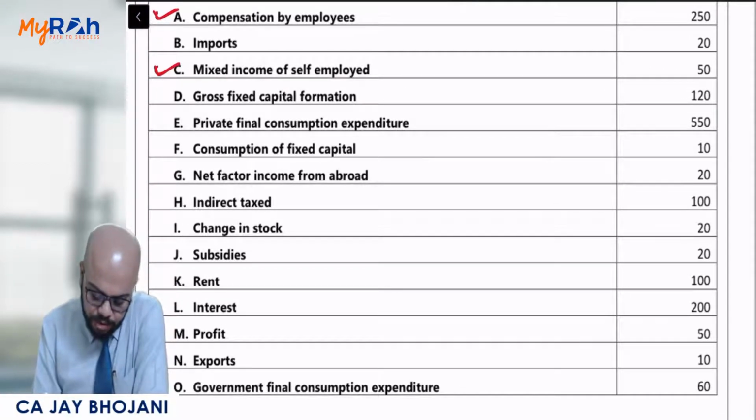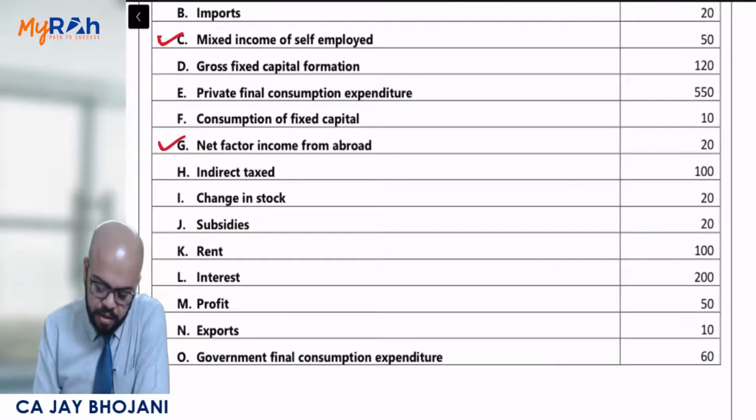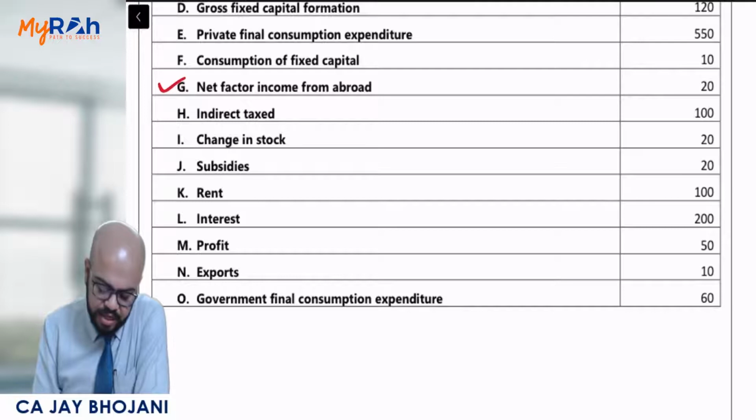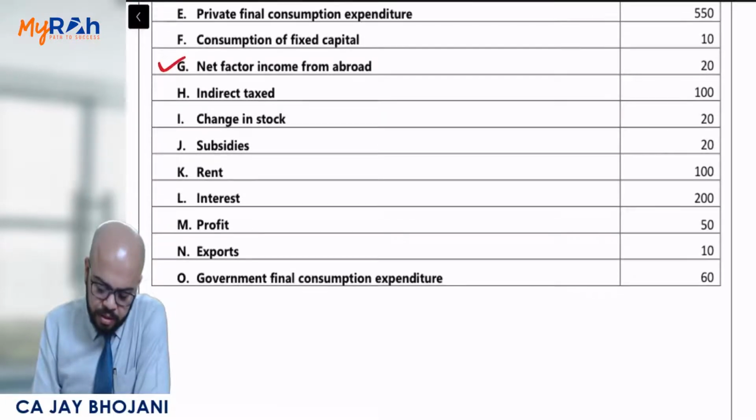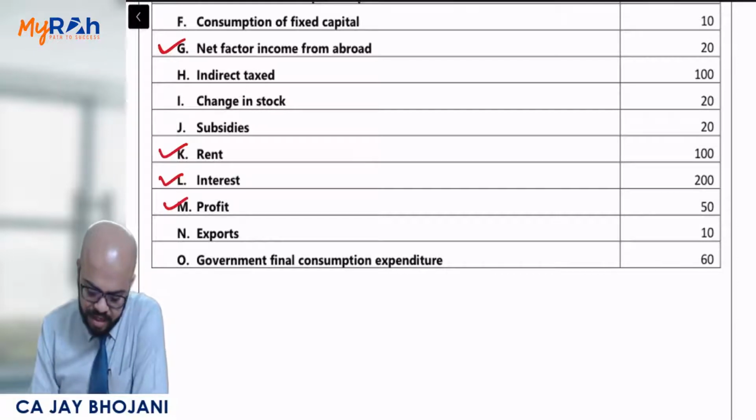Gross fixed capital formation not required, PFCE not required, consumption of fixed capital, that is depreciation, not required, NFIA required, indirect tax not required, change in stock not required, subsidies not required, rent is required, interest I will need, profit is required. So these are the only things I think are required for calculation using income method.